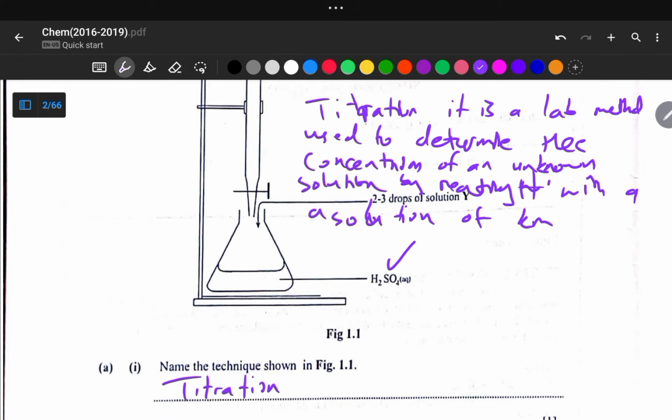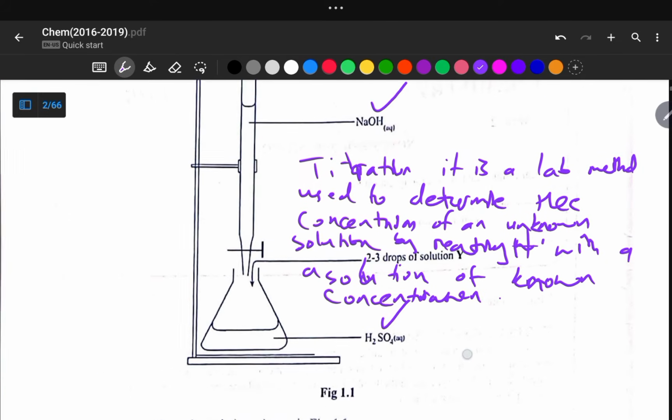So that's the general overview of titration. We want to determine the concentration of one solution using a standardized solution.